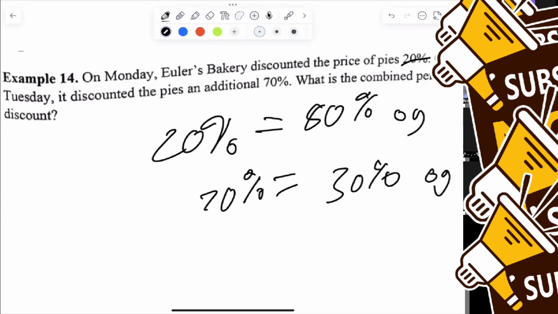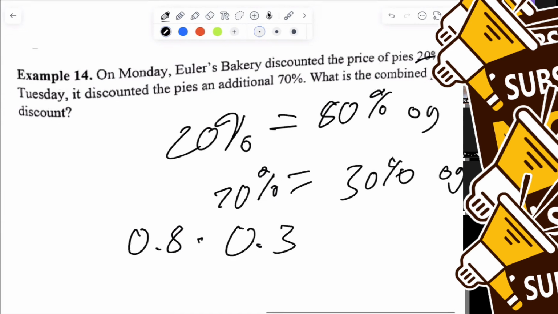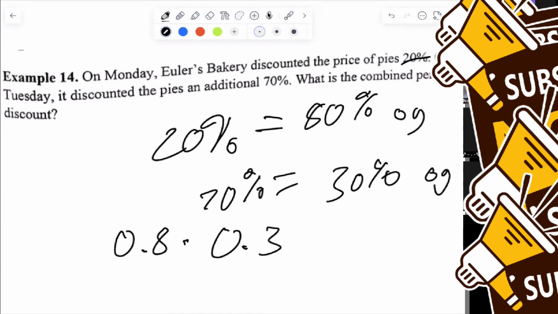Now, as 80% of the original, we just multiply these prices up. So 0.8 is equal to 80%, and we multiply by 0.3 for 30%. This gives you 0.24. Now, they don't want the resulting percent, the percent of the original price it is.